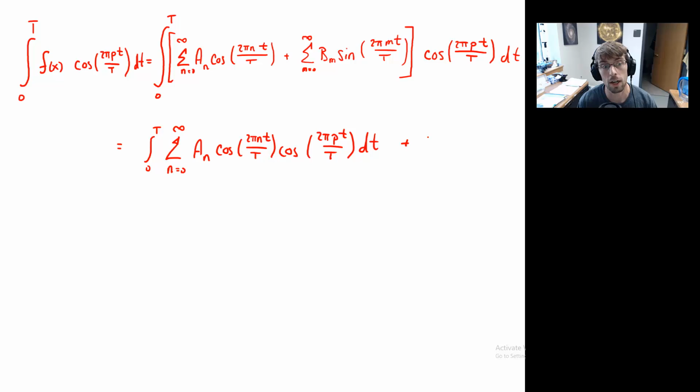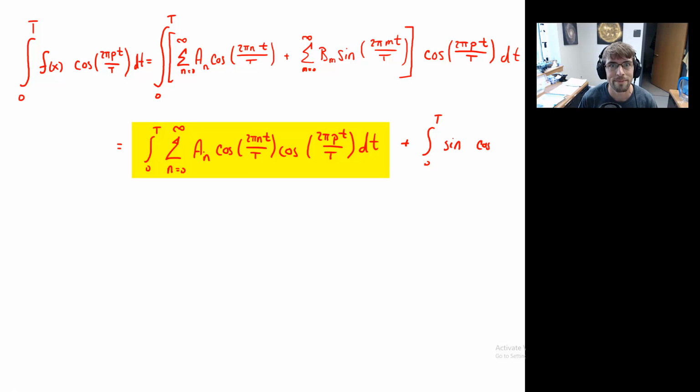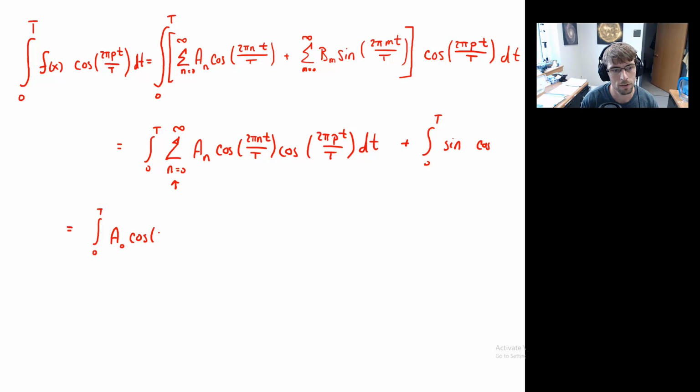And then, of course, you have that second integral from 0 to T with the sine and the cosine. Let's focus on this first term for a second, just for sake of space on our page. You could also expand the summation, so let's do that. What you would have is the integral from 0 to T of a_0, the first term, cosine of 0, cosine of 2 pi p t over T dt.